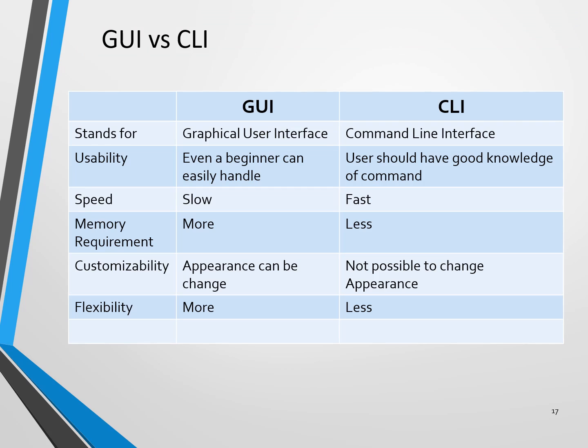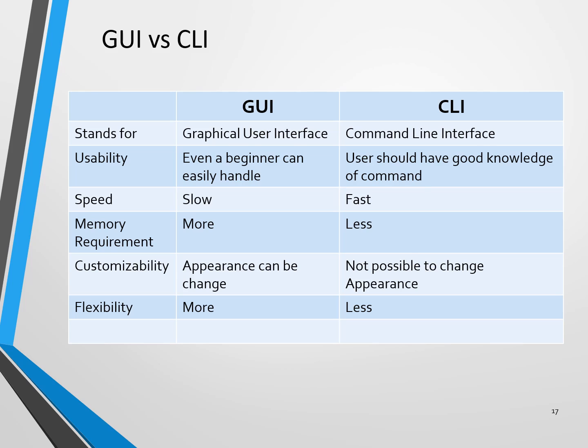Now we will see the difference between graphical user interface and command line interface. In case of graphical user interface, even a beginner can easily handle or use it, and command line interface requires good knowledge of commands.